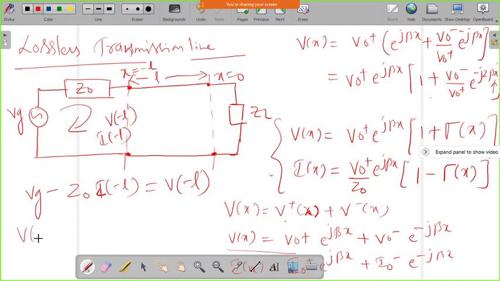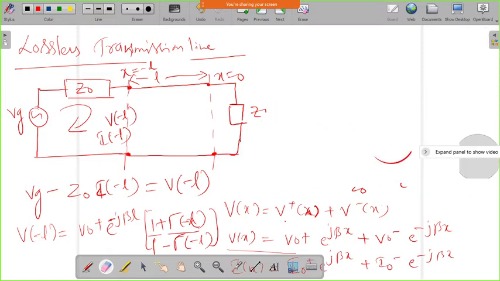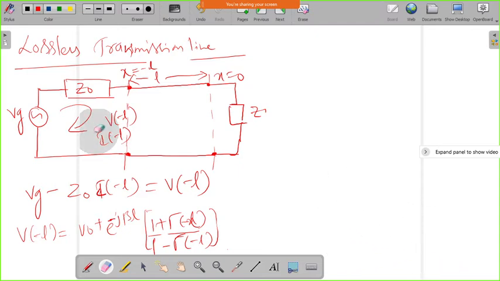So V of minus L is nothing but V naught plus into e power j beta L into 1 plus gamma of minus L, and for the current, 1 minus gamma of minus L, and here it becomes e power minus j beta L, because we are substituting x equal to minus L. Now we equate this equation with the earlier one, and we get the voltage equation for the transmission line at the input side, that is, at the generator side.